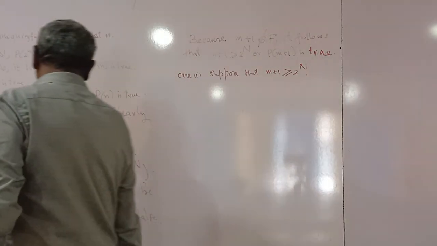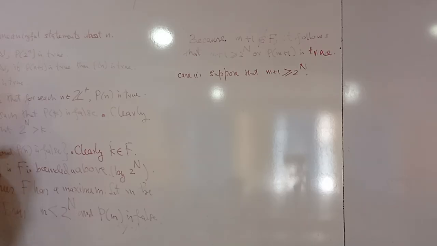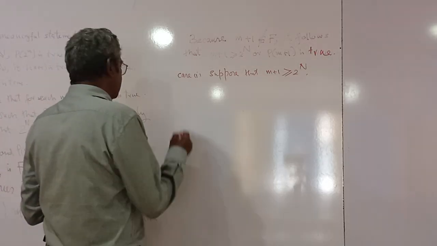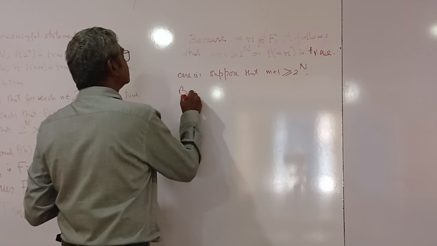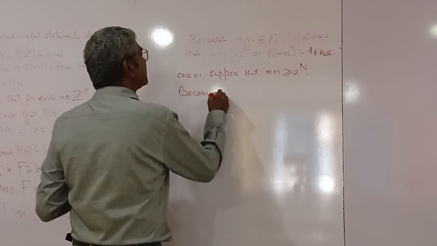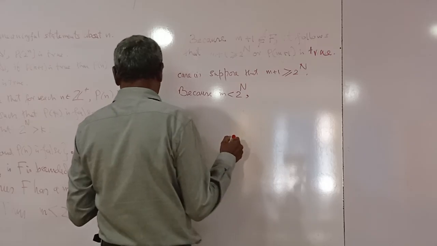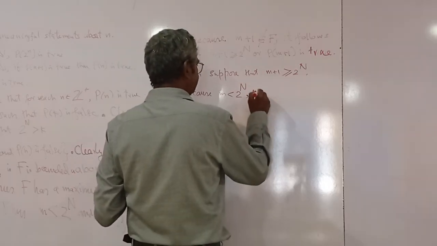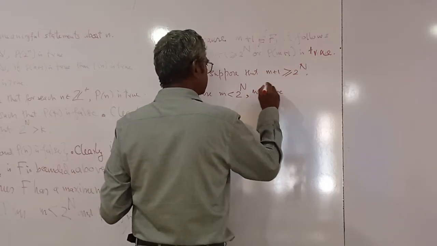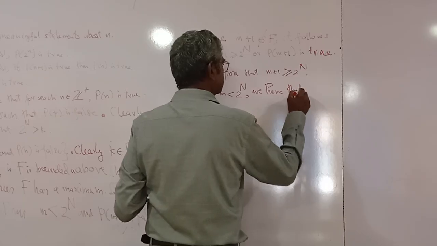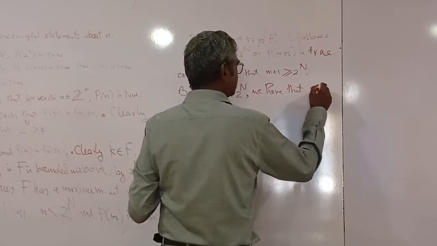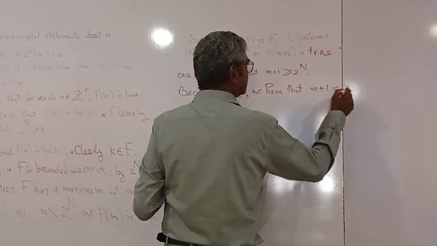However, we know that m is less than 2 to the n. Because m is strictly less than 2 to the n, we have that m plus 1 is less than or equal to 2 to the n.